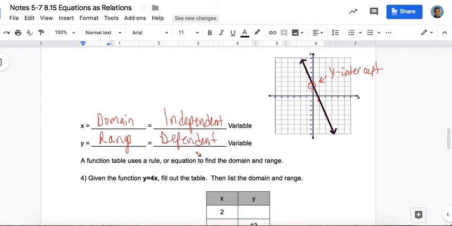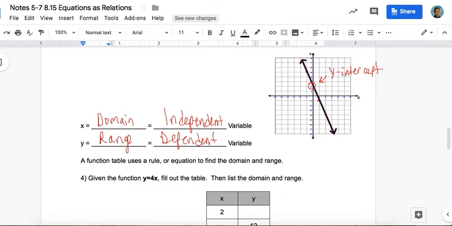If you think back to our activity on skin weight, our skin weight was the y value because our skin weight depended on our actual body weight. Remember, our skin weight was 1/16 of our actual body weight. So the skin weight depends on the body weight. That would be my y value, and then my independent variable would be the actual body weight.